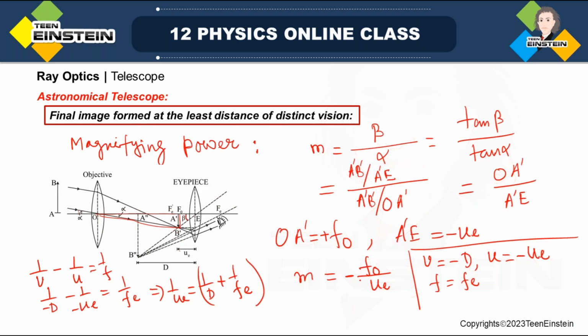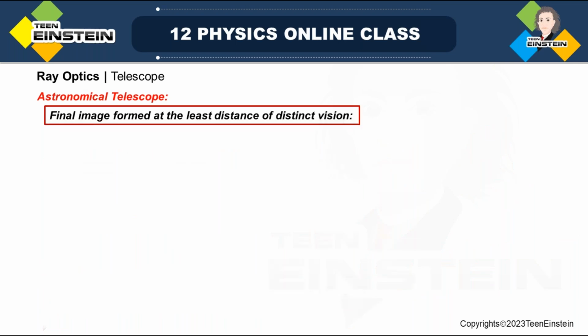Okay, if we put it here, we'll go to the next page. So M was like this, FO by UE. 1 over UE we have got already. It is 1 by D plus 1 by FE.